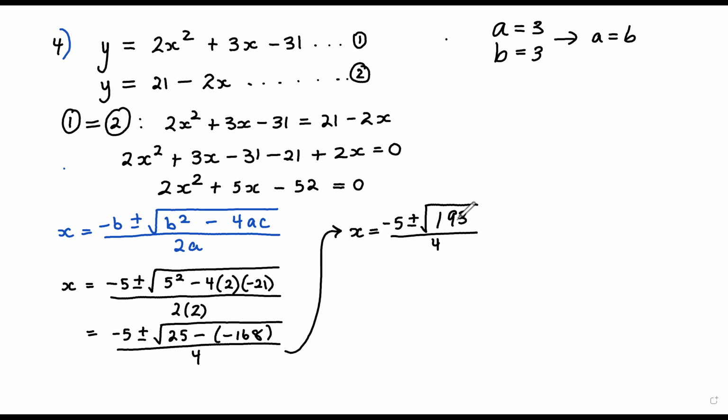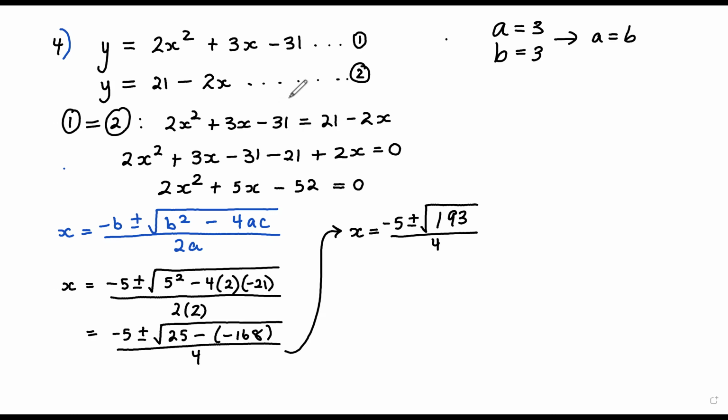So we have 2x squared plus 3x minus 31, and then we have 21 minus 2x. All right. If you equate the two equations, it'll be 2x squared plus 3x minus 31 is equal to 21 minus 2x.